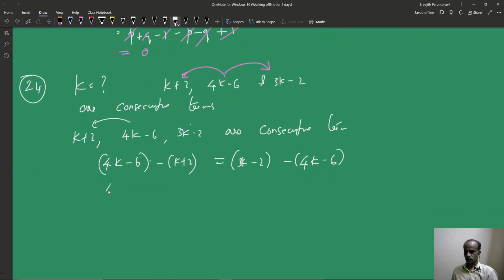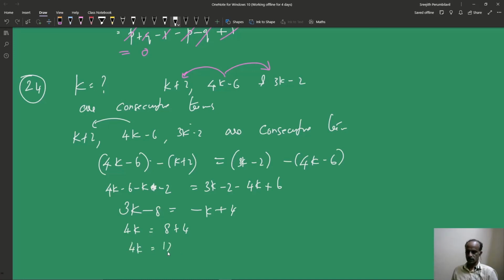Okay, so 4k minus 6 minus k minus 2 is equal to 3k minus 2 minus 4k plus 6. 3k minus 8 is equal to minus k plus 4. I'll take it to this side. 4k is equal to 8 plus 4. 4k equal to 12 and k equal to 3.